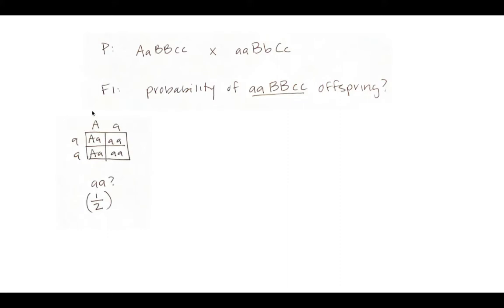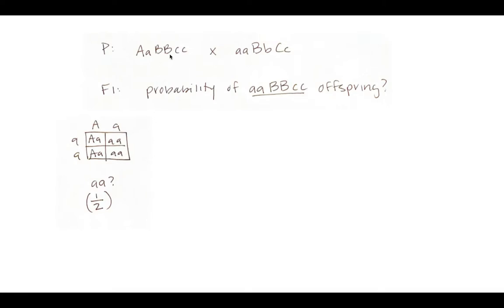Here's parent number 1 that was heterozygous for A. Here's parent number 2 that was homozygous recessive for A. Here's all the possible combinations for the A trait that their offspring could possibly have. The question wants to know the probability of the recessive. Once I've done this cross, I look at it, and half of their offspring are going to be recessive for the A trait.